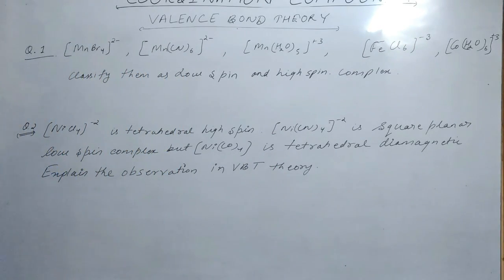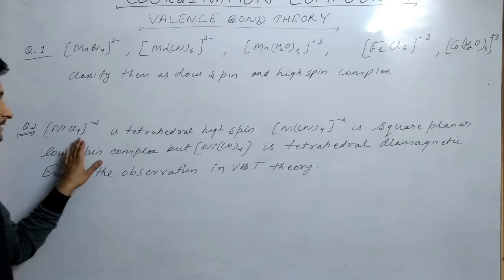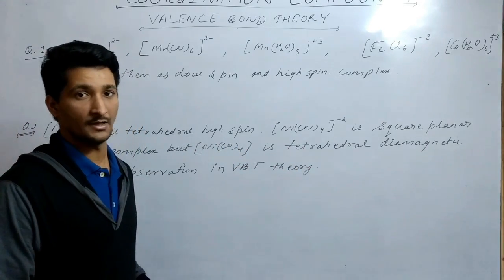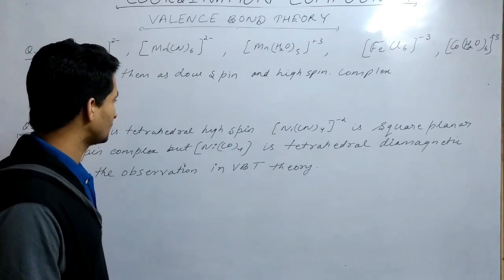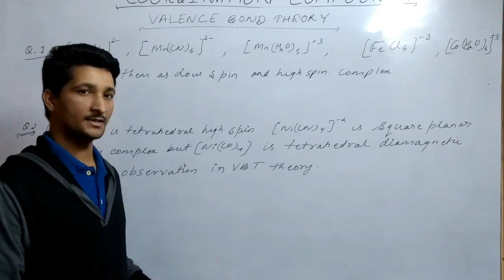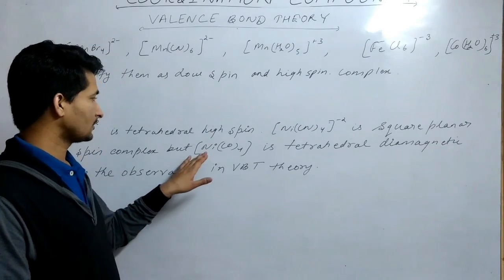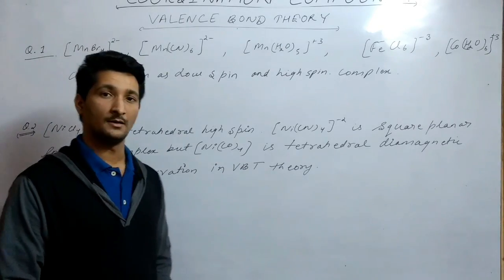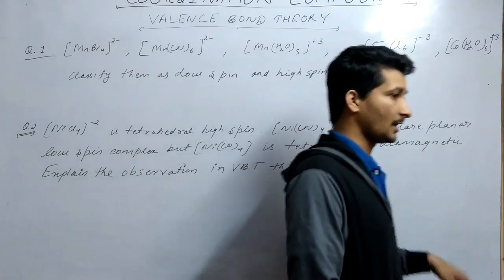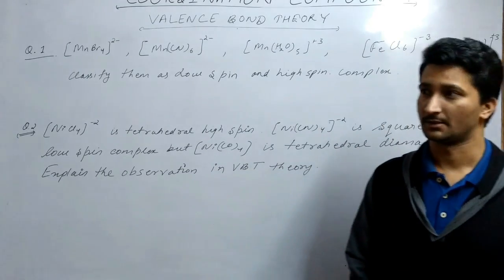Now in the next question, NiCl4 2- is tetrahedral high spin, Ni(CN)4 2- is square planar low spin complex, but Ni(CO)4 is tetrahedral diamagnetic. Explain the observation in VBT. Now see, we have already discussed these two examples, and there we have discussed that all the tetrahedral complexes are high spin, but in case of Ni(CO)4, it came out to be a tetrahedral and diamagnetic complex.